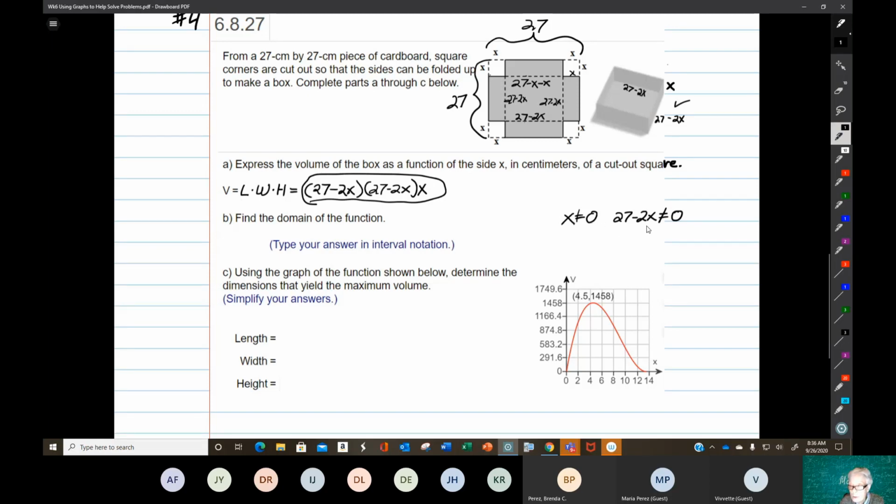We've got x cannot be 0, and I'm going to solve for x here by adding 2x to both sides of this equation, so that the 2x is over here on the left, 0 out. I'll have 27 equals 2x. Doesn't equal and equals, they work the same way. Divide by 2, divide by 2. And you get x cannot equal 13.5.